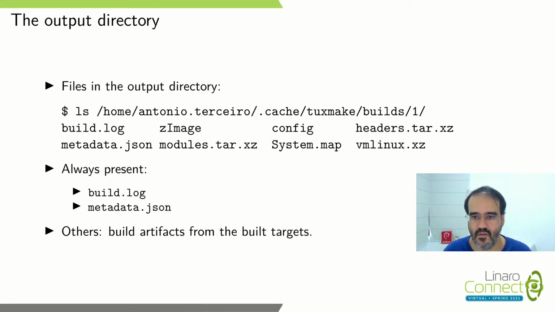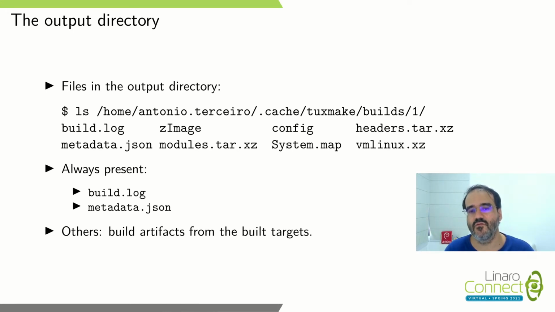You also get a headers tarball with the headers from the kernel. And you get a metadata file. It is a JSON file that contains several metadata about the build itself, about the build environment, such as exact compiler versions, the version of the tools that are installed. You get statistics about caching.